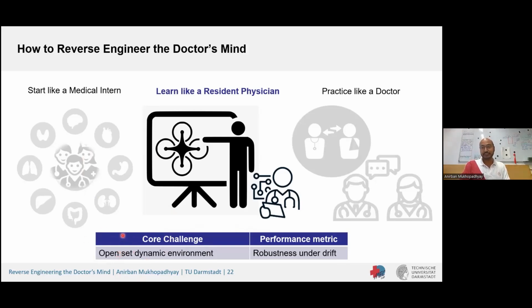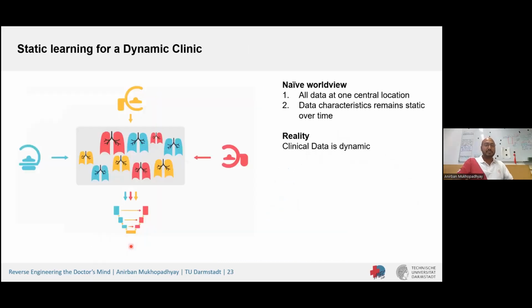We can't predict where the future will be, and we have to really detect the drift and come up with robustness. But the majority of the research that we see, for example, in a MICCAI kind of setting is based on this naive worldview that we will have all data at one central location and data characteristics will remain static over time.